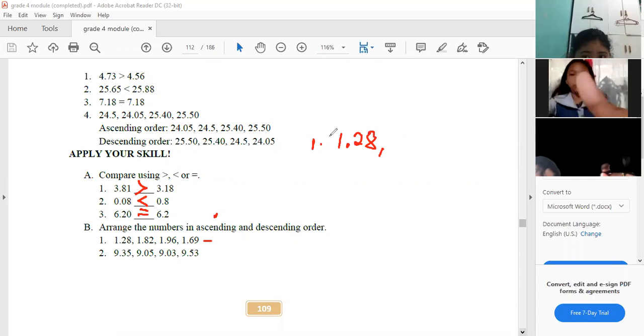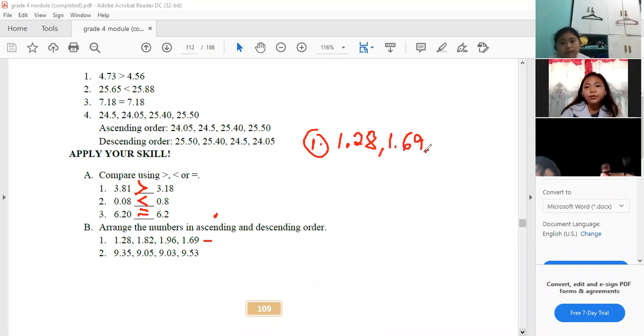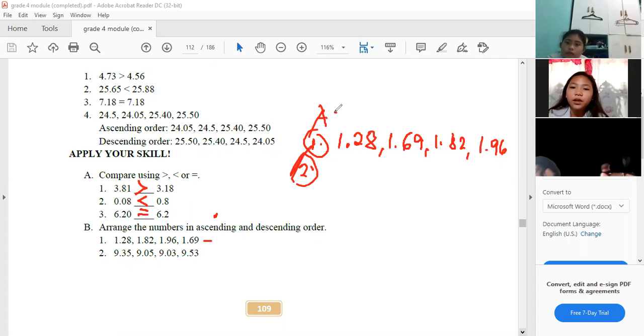What's next? 1.69. What's next? 1.82. And last one we have 1.96. How about number 2 for ascending?